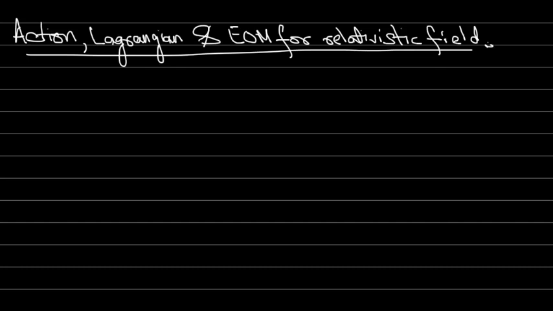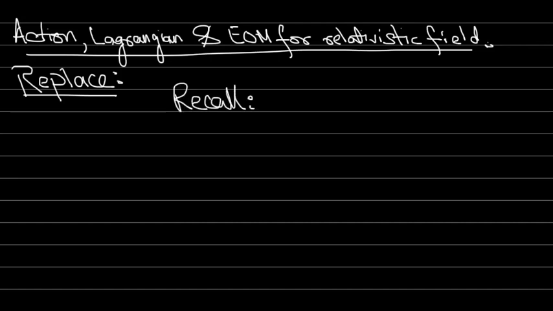So okay, well, what do we do, right? So we simply replace some of the quantities. Recall that first of all, we have our Lagrangian as a function of some generalized position, right? And the time derivative of this generalized position, right?